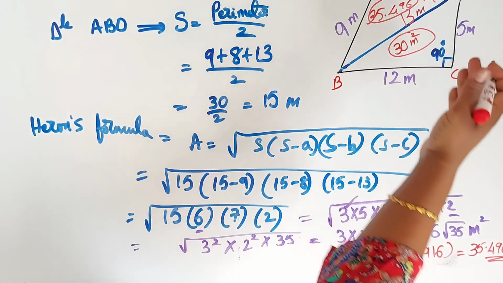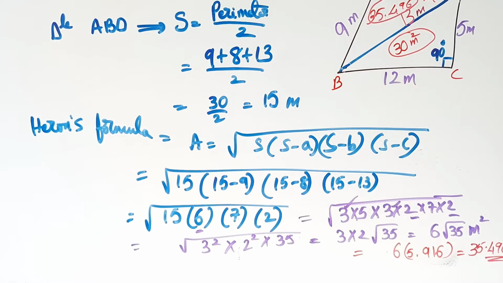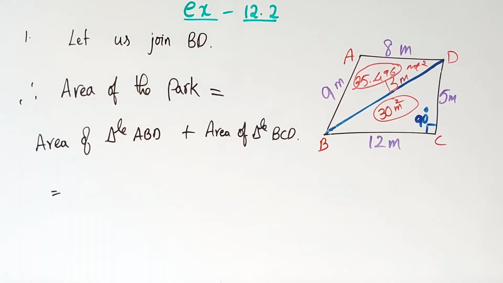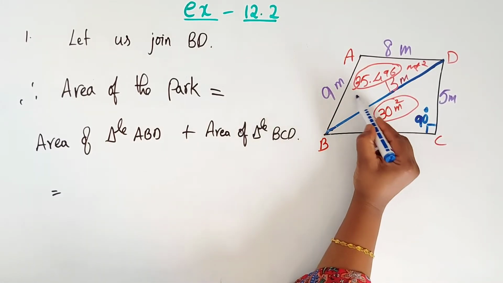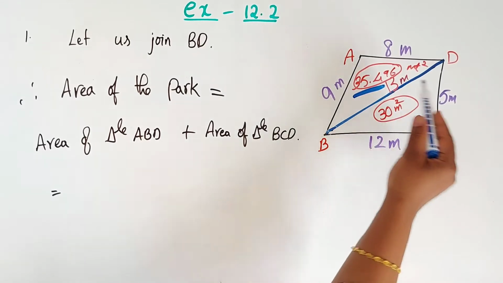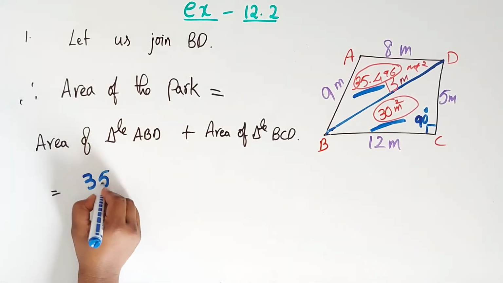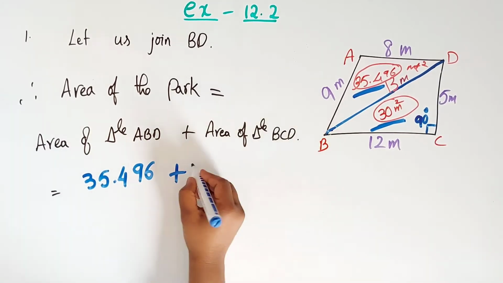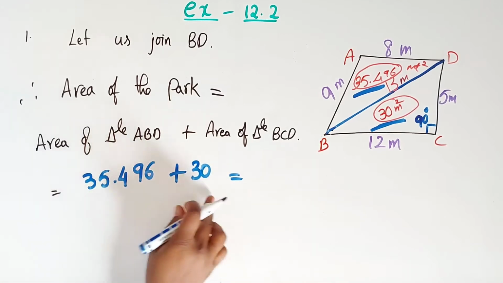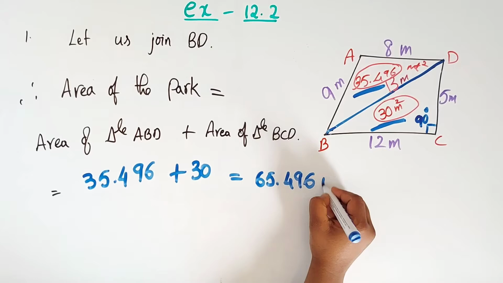What we have to do to find out the quadrilateral area? We have to join. That means we have to add these both. Right, children? Therefore, area of the quadrilateral, that means area of the park is equal to area of this triangle, triangle ABD plus area of triangle BCD, children. 35.496 plus 30. 30 plus 35, that is 65.496 meter square.